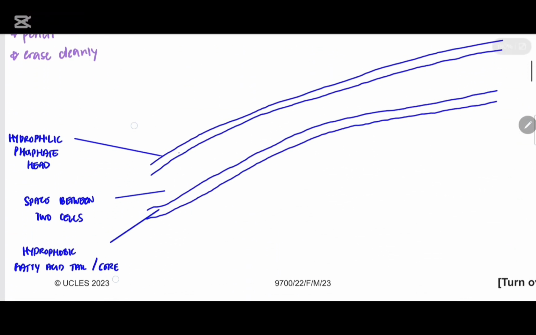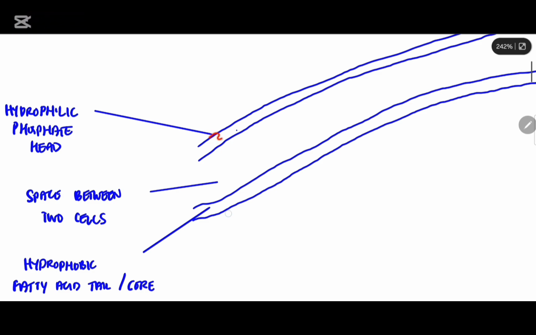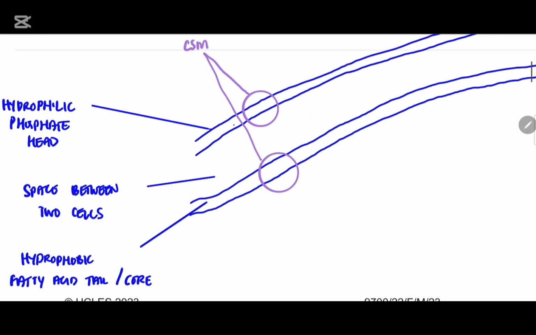If you look here, this is the hydrophilic phosphate head, because you must recognize that this is the cell surface membrane. So these 2 structures are your cell surface membrane. By the way, these are your notes. This is not what they want you to label. My label is the one that is in blue.